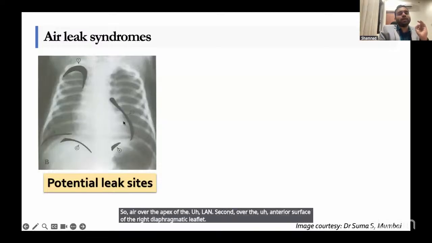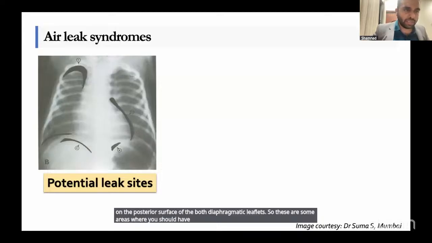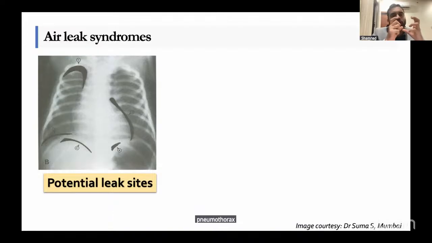Third, between the lung and the heart. And fourth, on the posterior surface of both diaphragmatic leaflets. These are areas where you should focus when you are doing an X-ray for pneumothorax. These are small sites of air leaks.